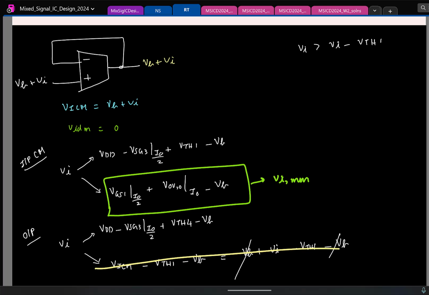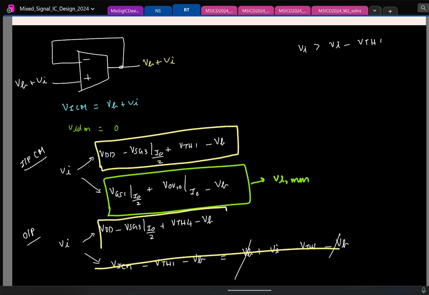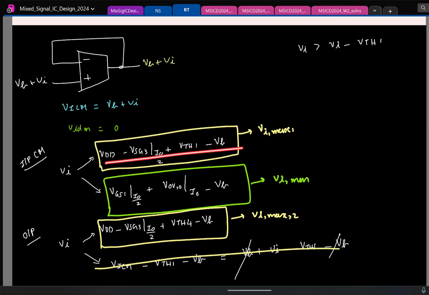Now when we come to the maximum limit, I have one maximum limit set by this, another maximum limit set by this. Okay, so let us say this is Vi max 1, this is Vi max 2. One condition says that my maximum Vi can be this much, another condition says my maximum Vi can be this much. So what will be the final maximum you will choose?